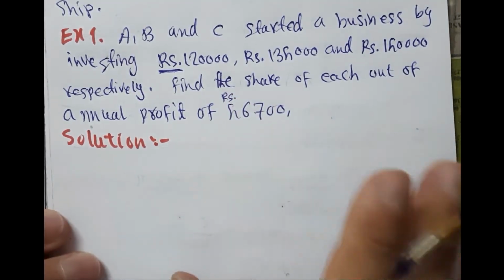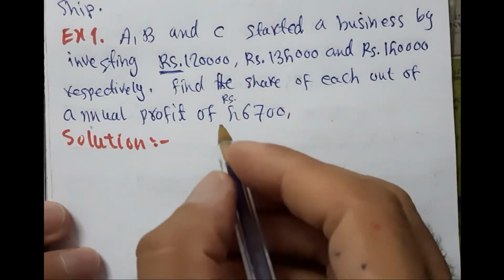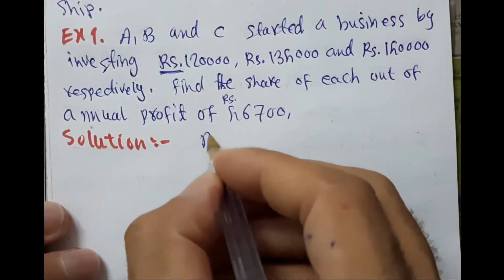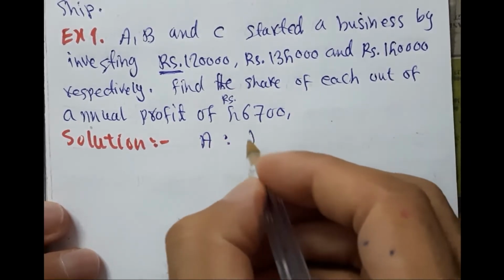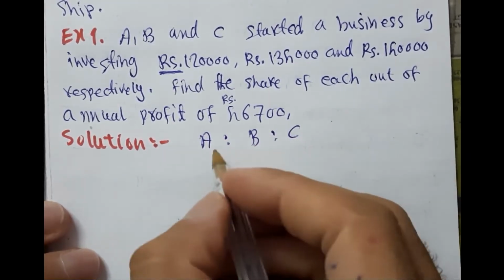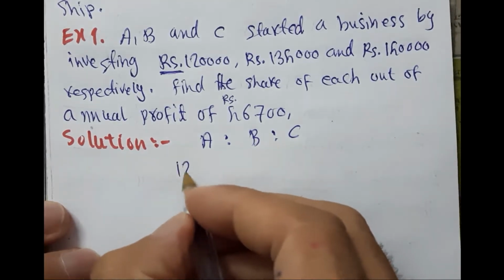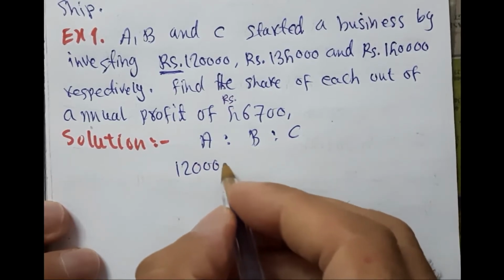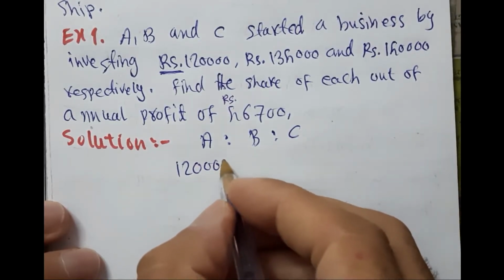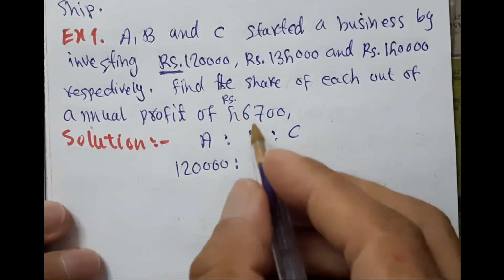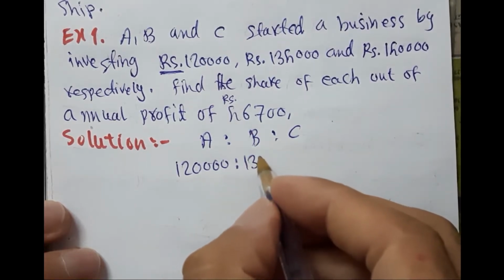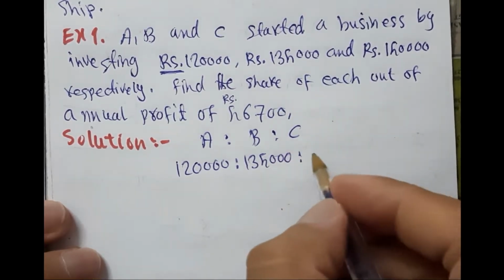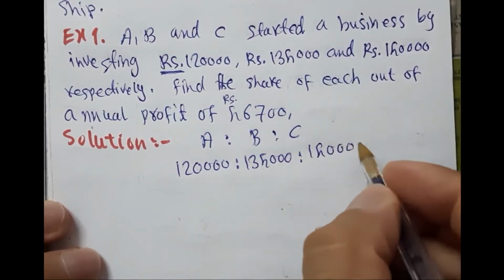Now we want to solve this question. First, we want to find the continued ratio A : B : C. For A we have 120,000, 135,000 and 150,000.